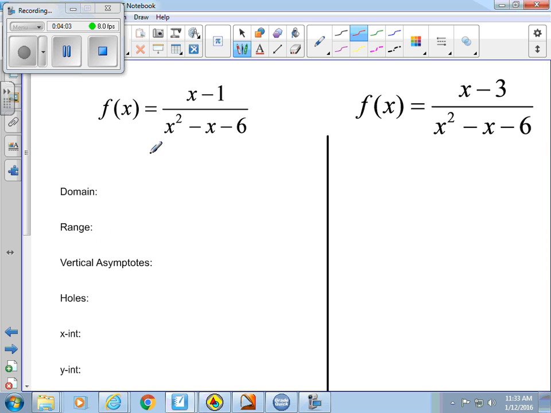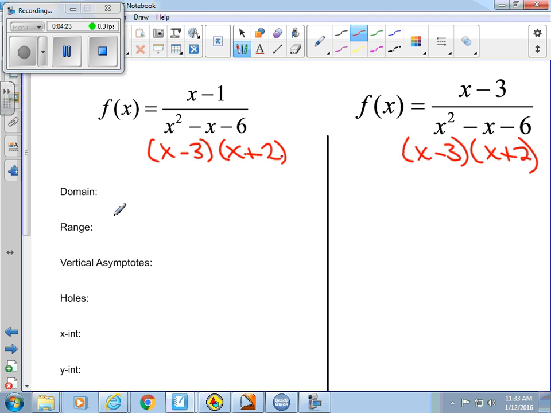Find when the bottom equals 0, and by factoring, I can do that much easier. And you'll notice these actually have the same denominator. These 2 functions have the same denominator. So, what is the domain on both of them?